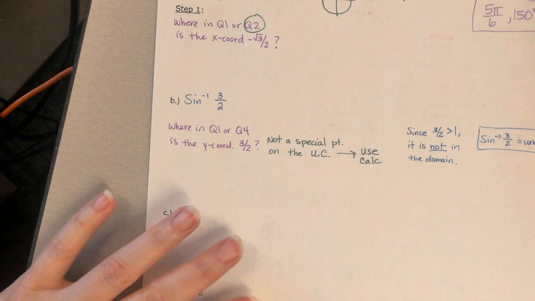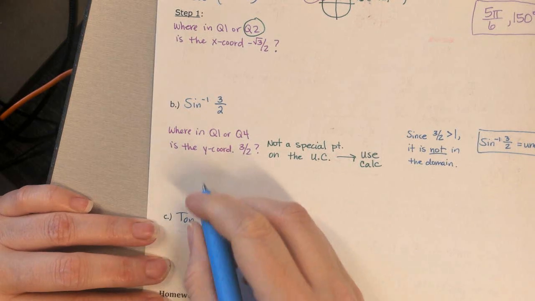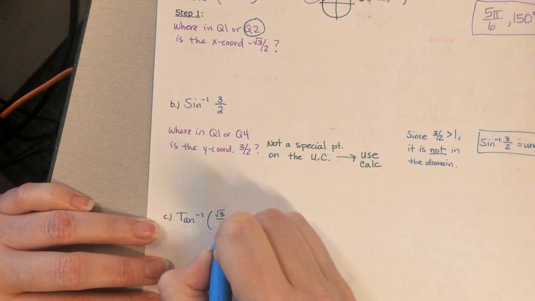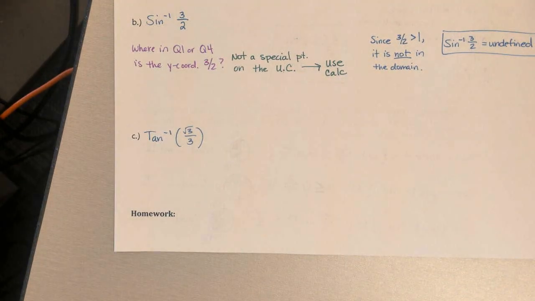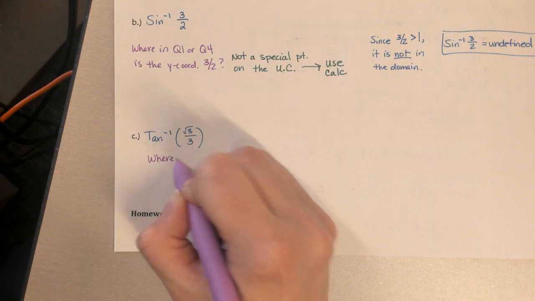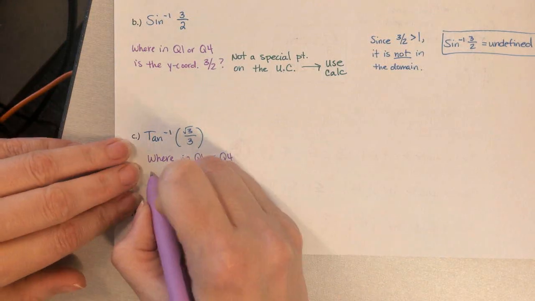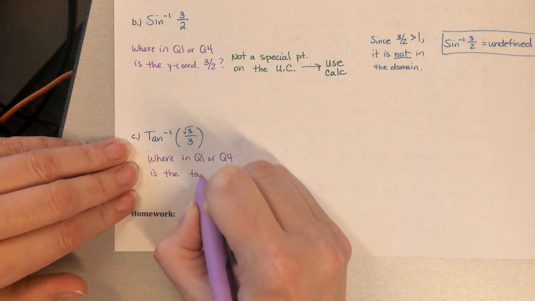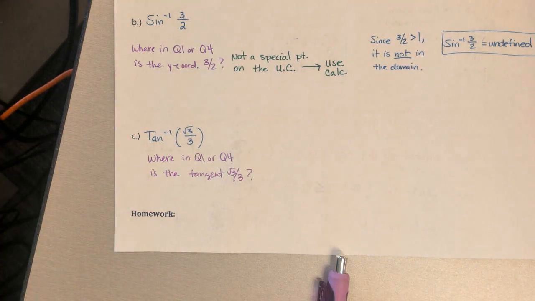The last one we're going to do without your unit circle is the tangent inverse of root 3 over 3. We've already looked at our tangent value several times today. If it's the inverse, you ask yourself where in Q1 or Q4 the tangent is root 3 over 3.